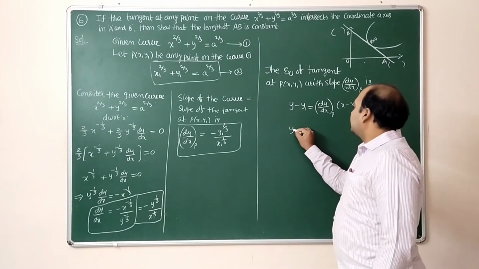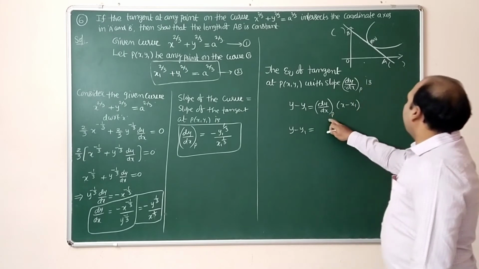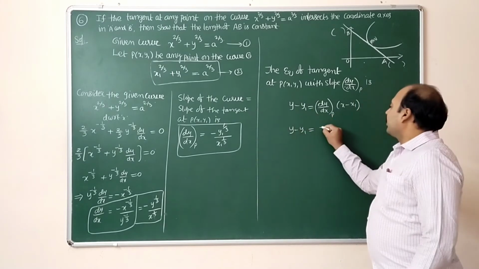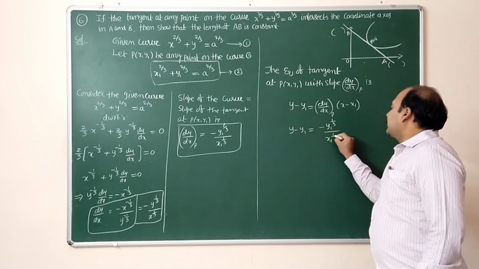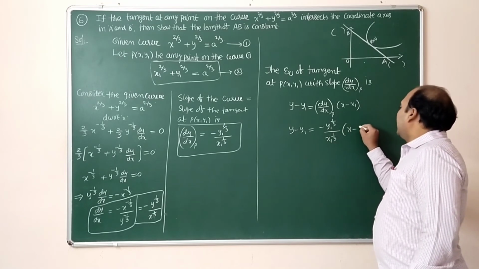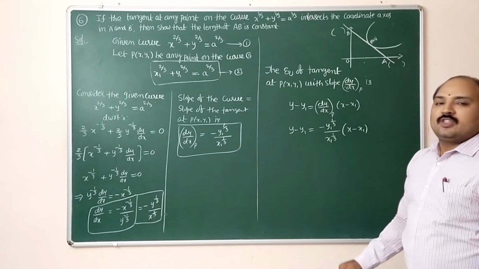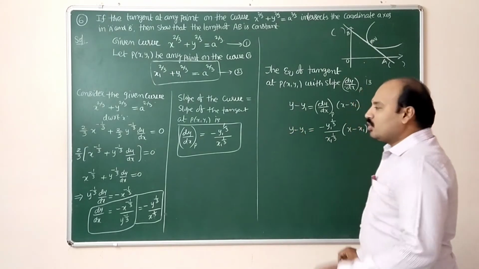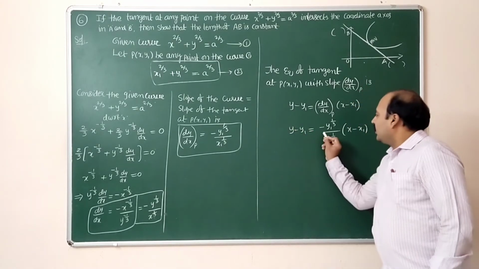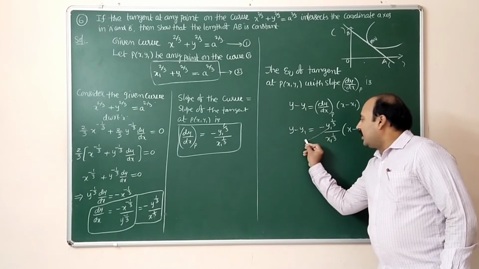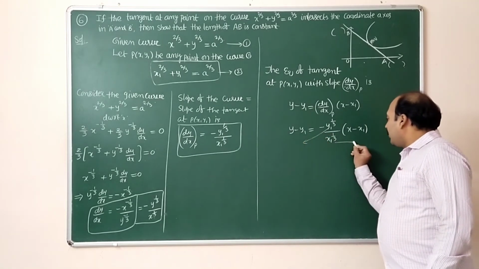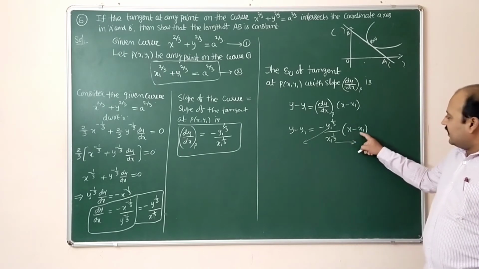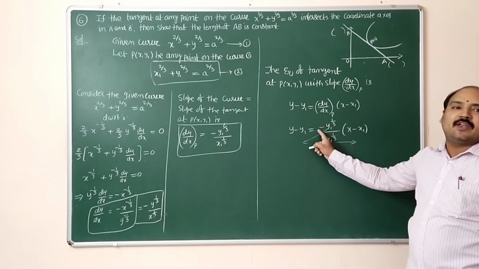Now y minus y1 equals dy by dx at P, this value, minus y1 power 1 by 3 divided by x1 power 1 by 3 into x minus x1. Now cross multiply. Instead of cross multiplying, y1 power 1 by 3 we take into the denominator of these two terms. After that, x1 power 1 by 3 we can divide into each and every term of this bracket, including minus.